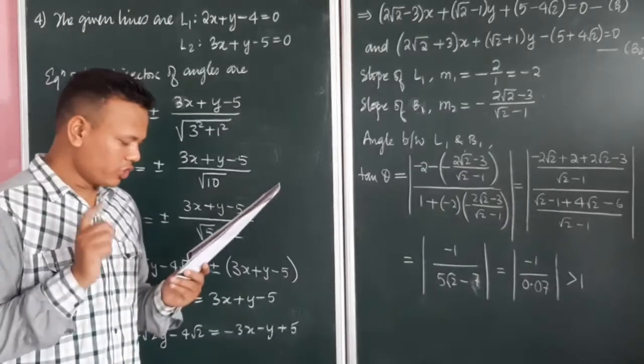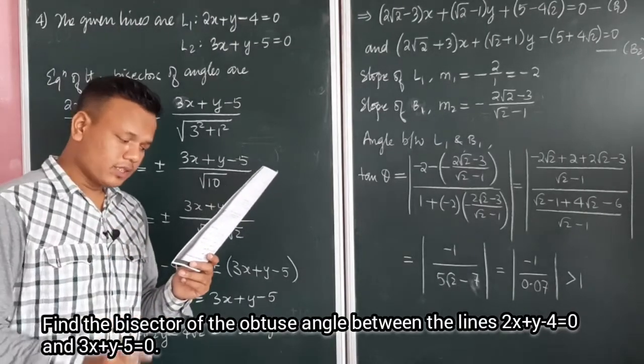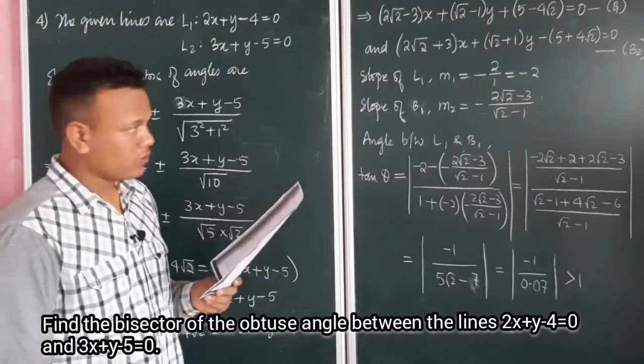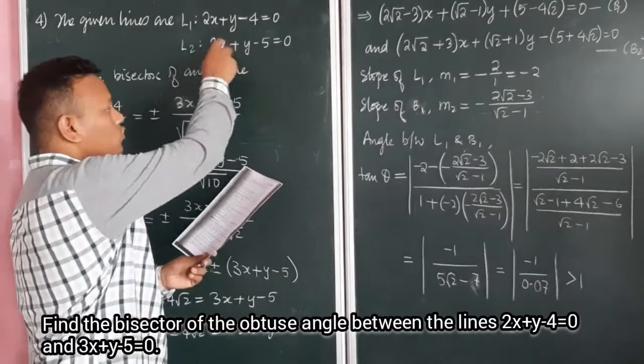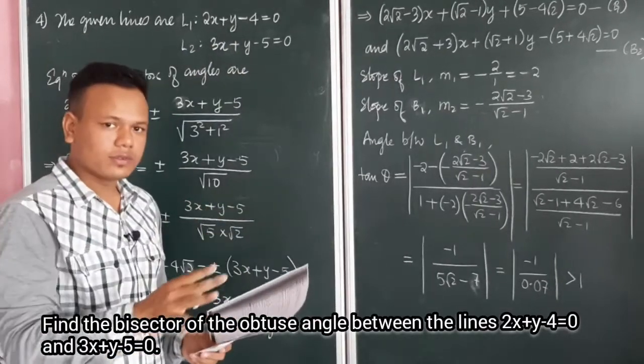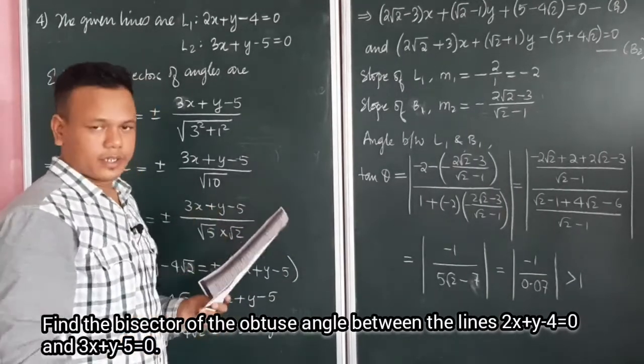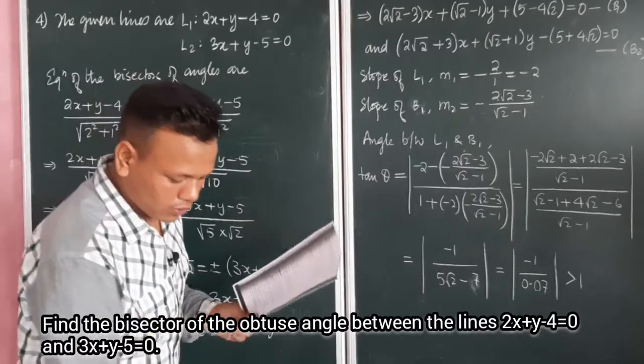Okay, let me read question number 4. In this case, you have to find the bisector of the obtuse angle between these two lines. I have already written down the solution because this is going to be quite a confusing one, so in order to explain it properly, let me explain it now.